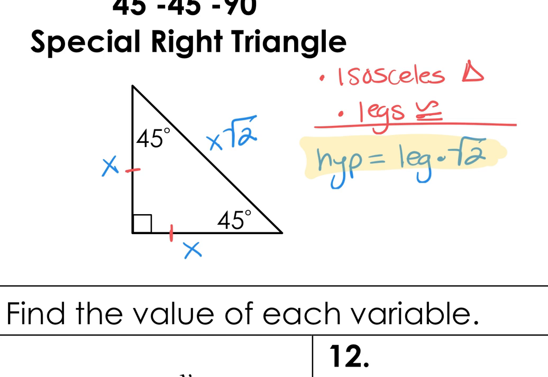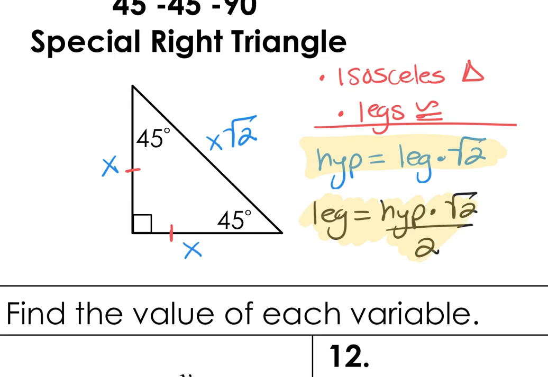Now, we also had situations where maybe they gave me the hypotenuse and then I needed to find a leg. And so we used another formula there. If I was looking for a leg, I would say a leg equals the hypotenuse times the square root of 2 over 2. Now, that's the formula that kind of works every time.